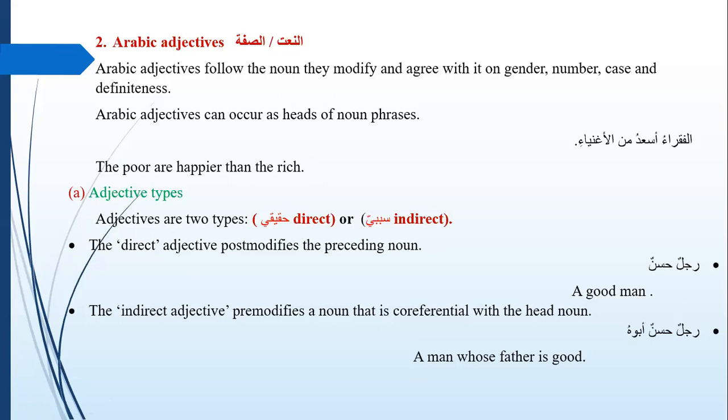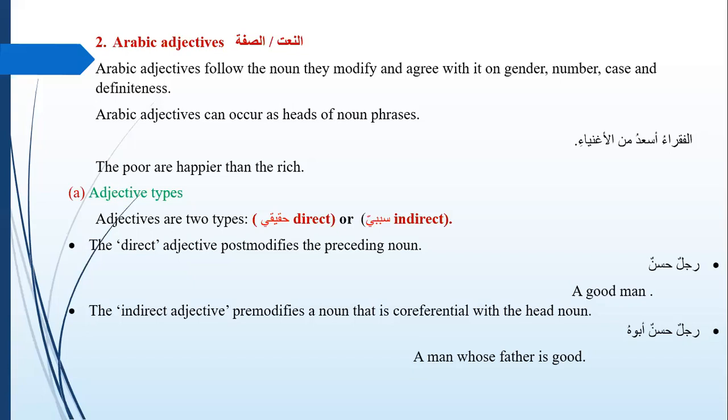So adjectives in Arabic could be direct adjective, could be indirect adjective. The direct adjective post modifies the preceding noun. هي بتعرف الاسم اللي قبلها عكس اللغة الإنجليزية.